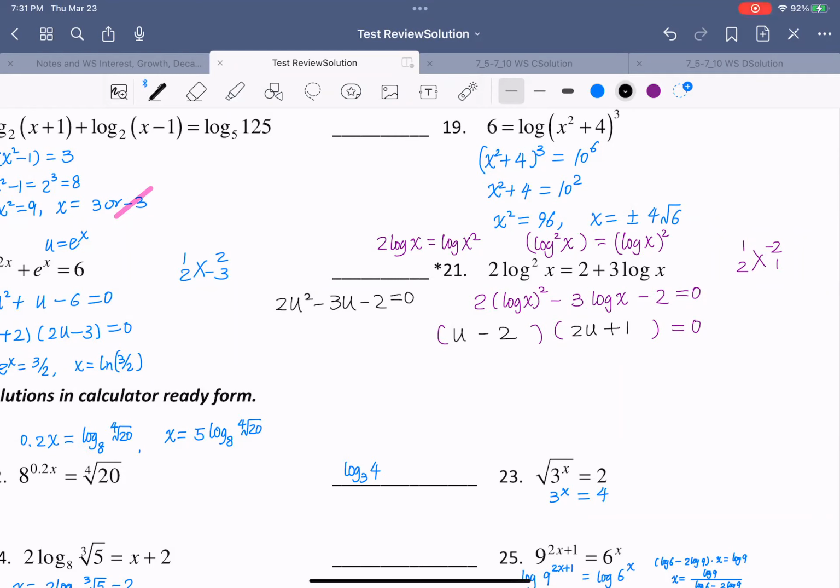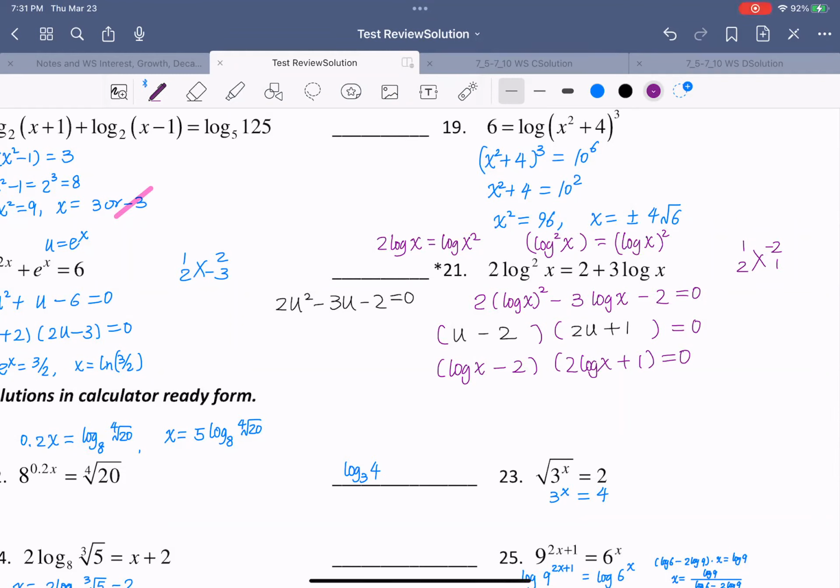If you are okay doing this in one step, you just put this in one step. Both are fine, as long as you are very clear about what you are doing. U is log base 10 of x.